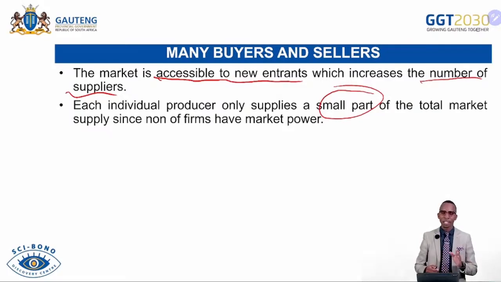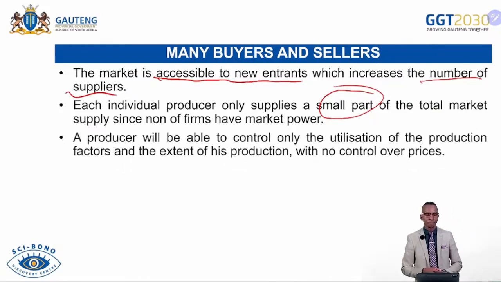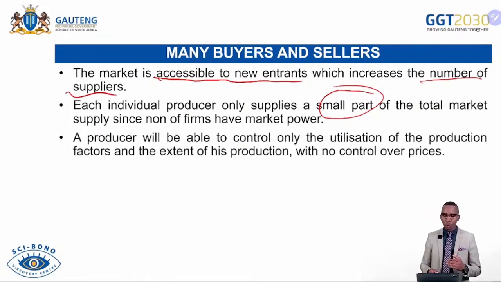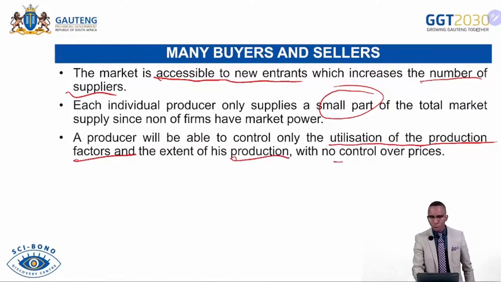Remember, there is a difference between the individual firm and the industry or the market. A producer will be able to control only the utilization of factors of production and the extent of his production, with no control over the price.